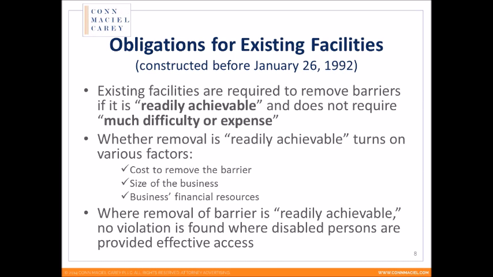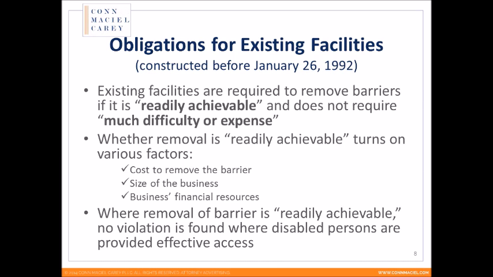And that is going to vary property by property, because whether something is readily achievable is going to be governed by various factors such as the cost to remove the barrier, the size of the business, and the business's financial resources.